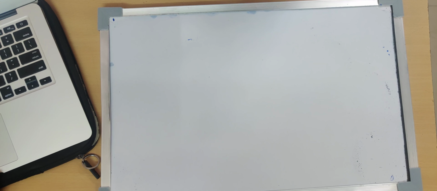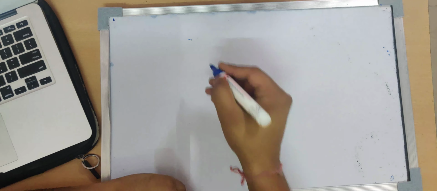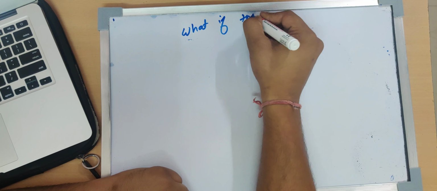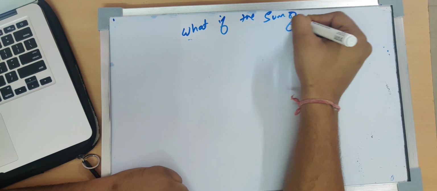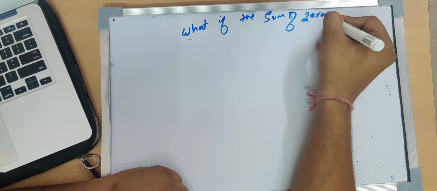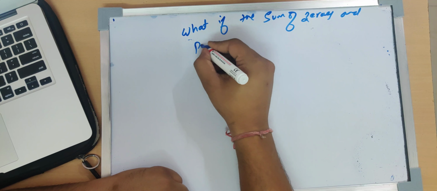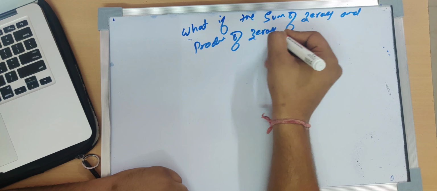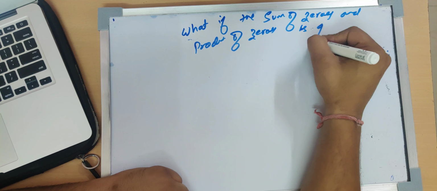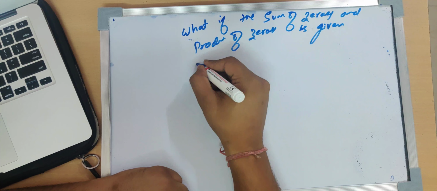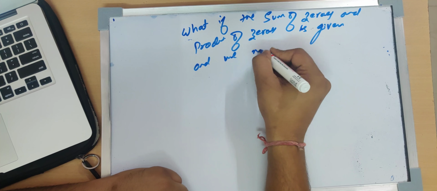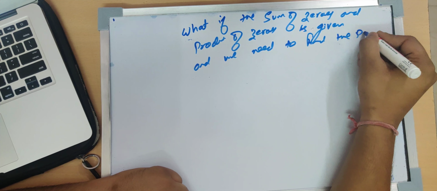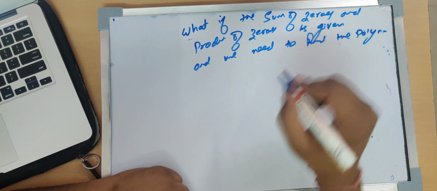Now we are moving on to the next thing, which is: what if the sum of zeros and product of zeros is given, and we need to find the polynomial?